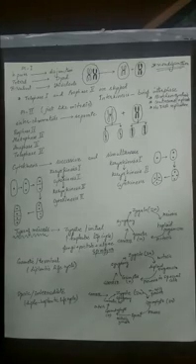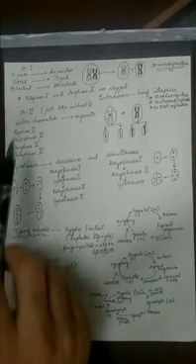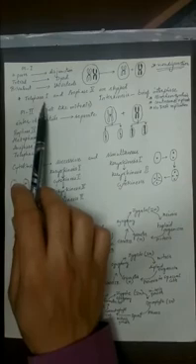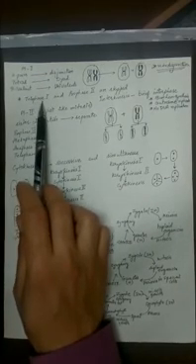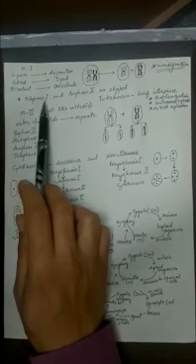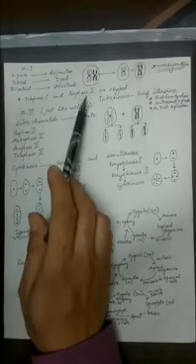So generally, in most of the cells undergoing meiosis, you will find telophase first is skipped, because there is no point in causing these events in telophase. Reason: if these events take place, they will be removed again by prophase second.